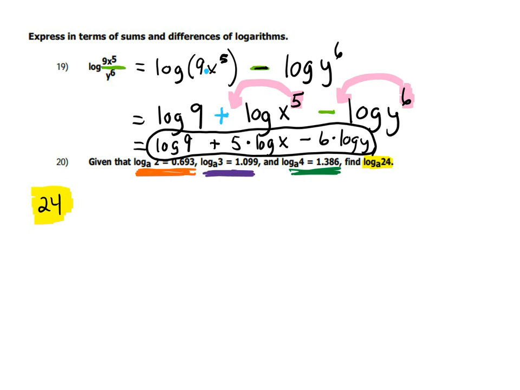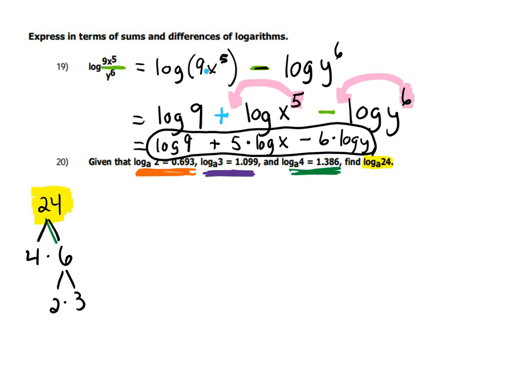It doesn't matter. On my handwritten answer key, I broke this down to be 4 times 6 and then the 6 to be 2 times 3. And then I used the orange, the purple, and the green with the product rule only.